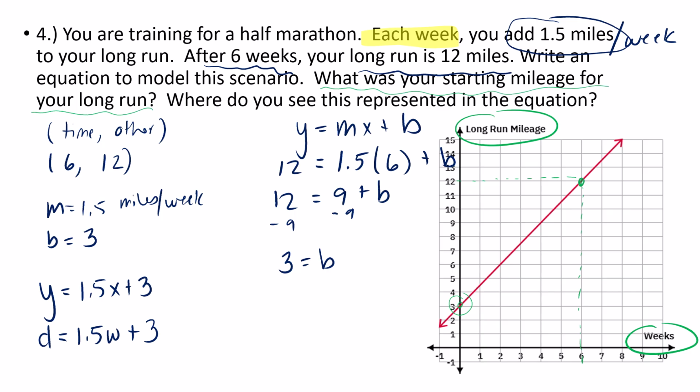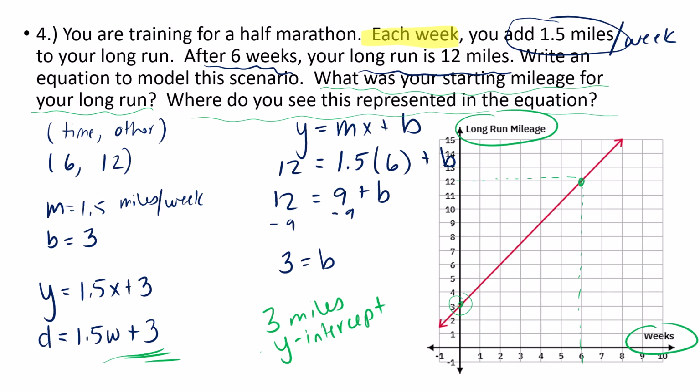In other words, what was your long run at the point that you started your training? That would be 3 miles. And where do you see this represented in the equation? Well, it is the y-intercept. After a long time of doing problems like this, you'll see that your y-intercept is very often the starting value.